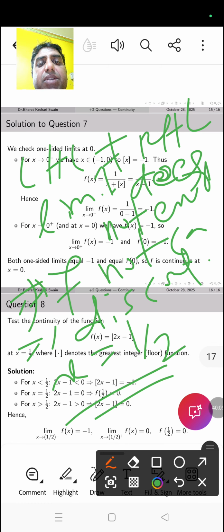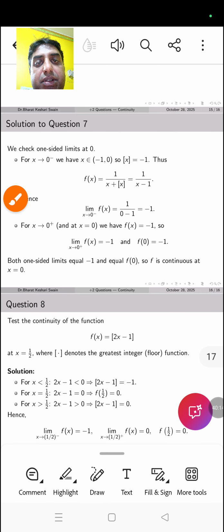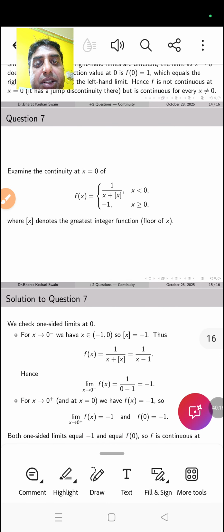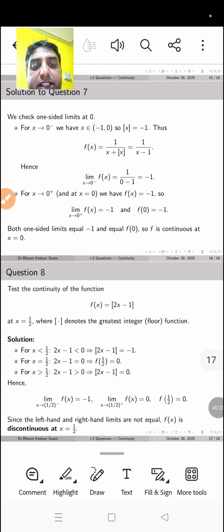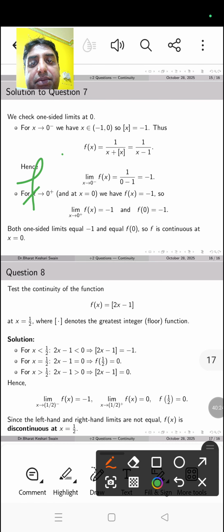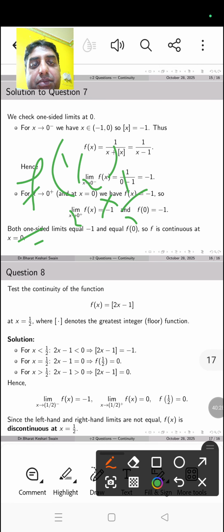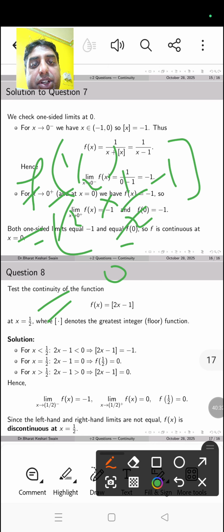Here the functional value you can also find from the question. What is the functional value at x equal to half? f of half means the greatest integer of 2 into half minus 1, the 2 and half cancel, 1 minus 1 is 0, and the greatest integer of 0 is 0.